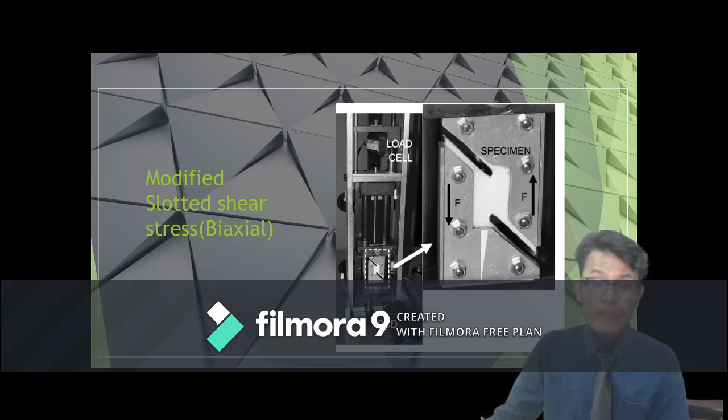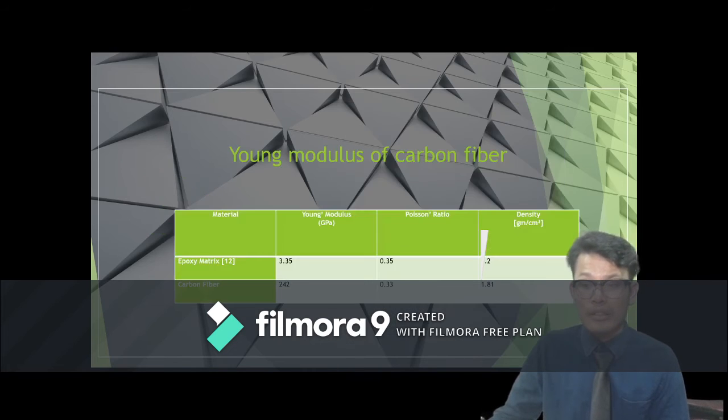For the simulation in my project, I will use the modified slotted shear test method that has been done by Nunes in the research paper titled Modified Slotted Shear Test for a Thin Sheet of Solid Polymer under Large Deformations. The material that I will use for this project is carbon epoxy, which has a Young's modulus value ranging from 3.3 to 6.4 GPa.